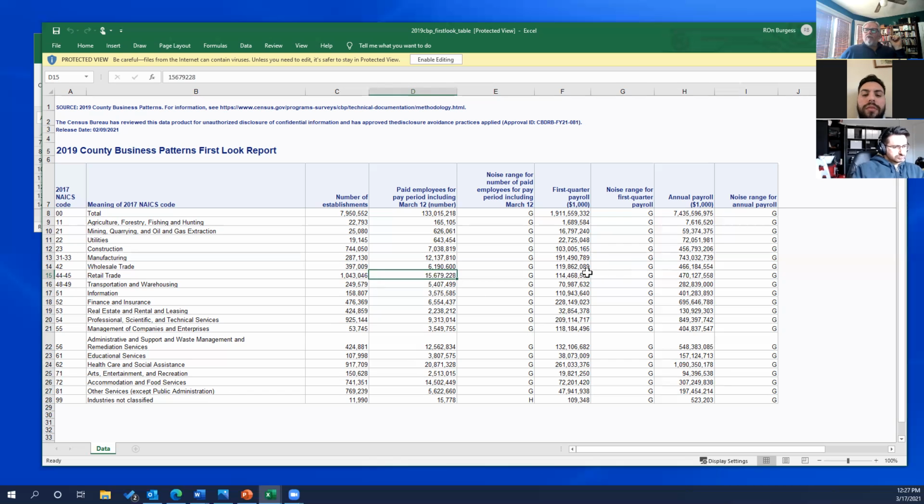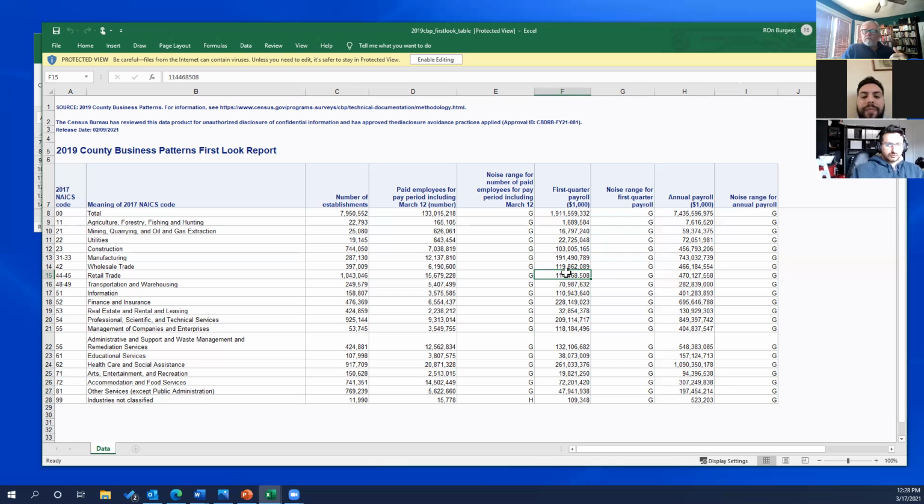Then they have the actual payroll in dollars. And the interesting thing there is that retail is only 114, I suppose that's billion, compared to manufacturing of 191. So despite the fact that it's smaller in terms of employees, its payroll is way higher because manufacturing jobs pay better. So when you click into this, you can get more and more detail.